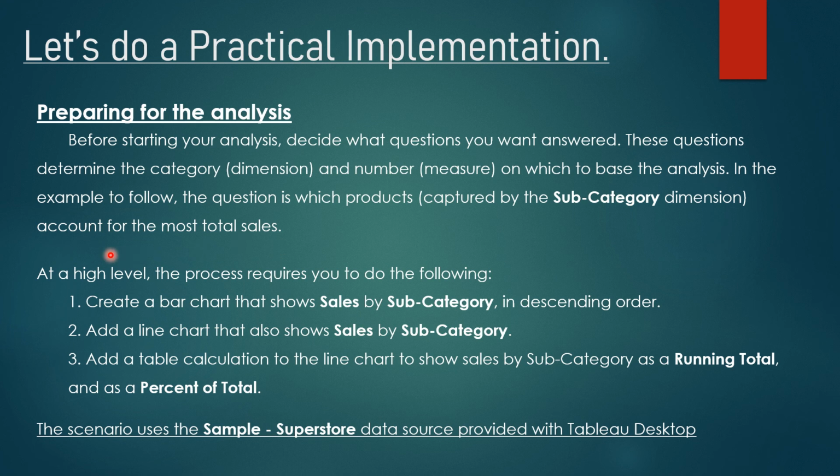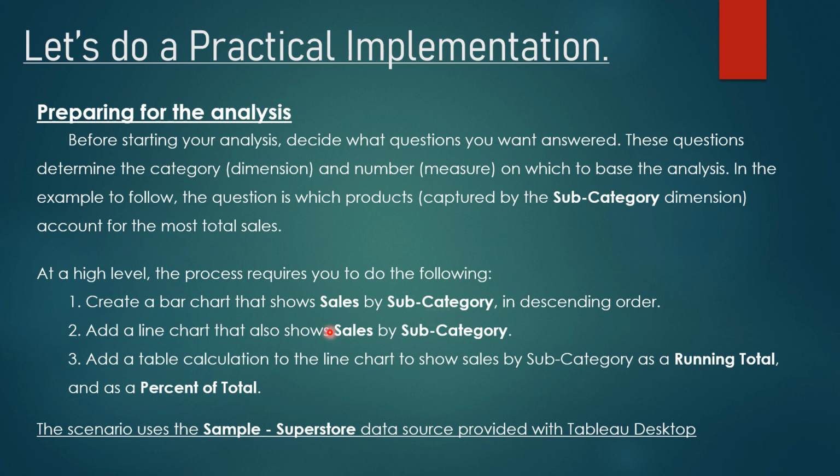There are three steps we have to follow to generate the Pareto chart in Tableau. The first step is to create a bar chart that shows sales by subcategory in descending order. In short, we just have to create the bar chart of the dimension and measure, which are subcategory and sales.